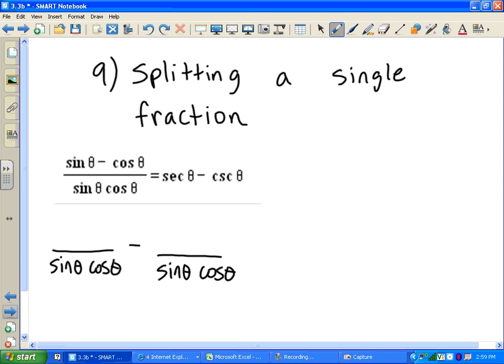And so now what I can do is split the top. So I could write this as sine theta over sine theta cosine theta minus cosine theta over sine theta cosine theta. So notice how that works. If we were to go backwards with this, that's what we would wind up with because we have a common denominator.